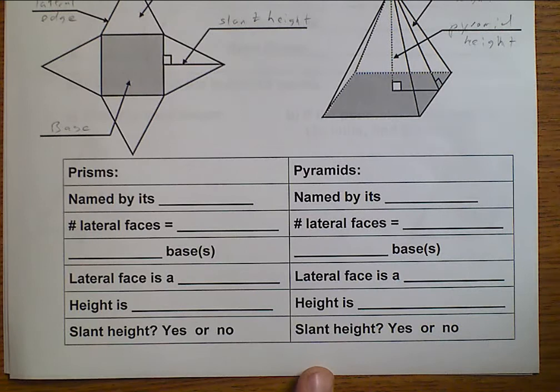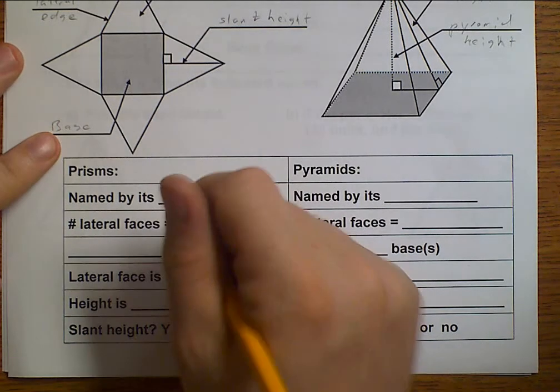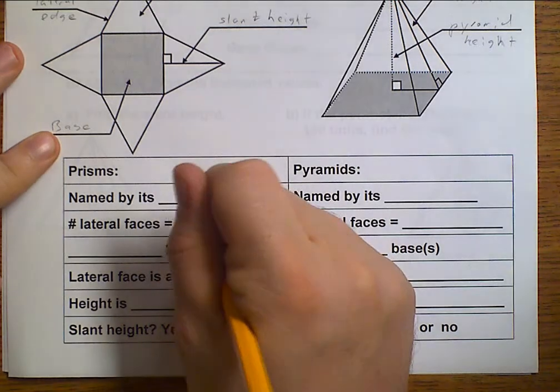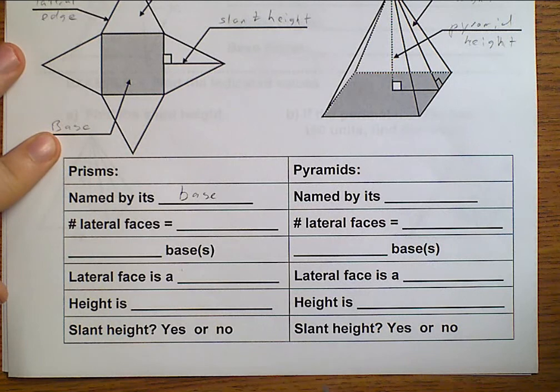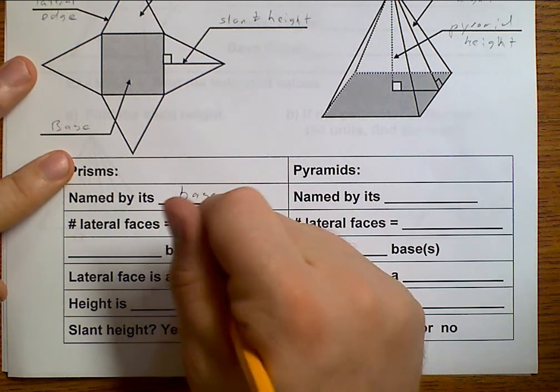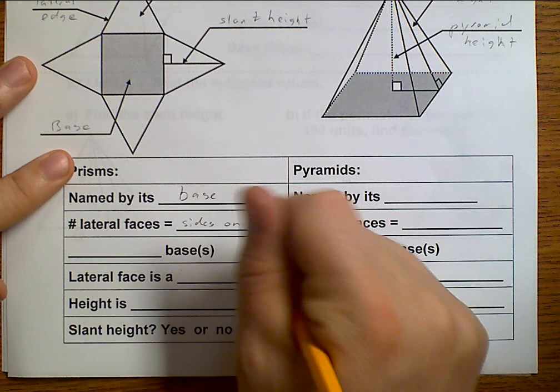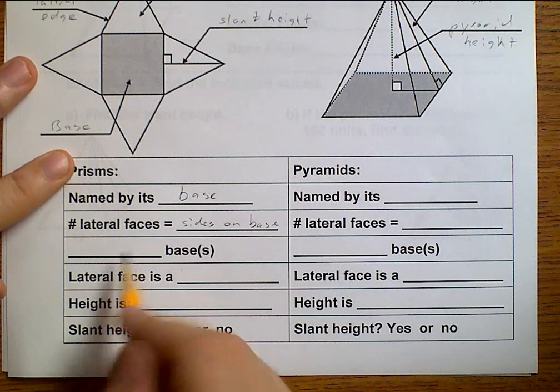So let's go ahead and compare prisms with pyramids. Well, prisms are named by their base. The number of lateral faces equals the number of sides on the base. A prism has two bases.